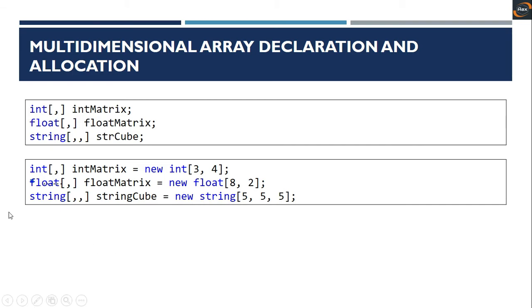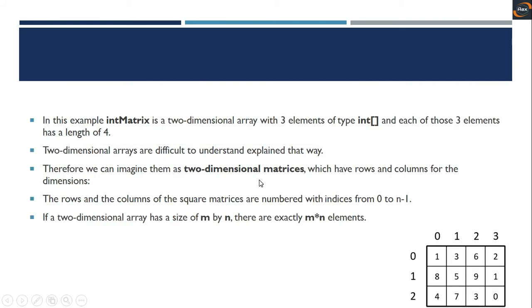If you want to assign memory, you have to use the new operator. So this int matrix has 3 rows, each of which can have 4 elements. So here this is a matrix, and the total number of elements which can be stored in this 2-dimensional array is 3 times 4.